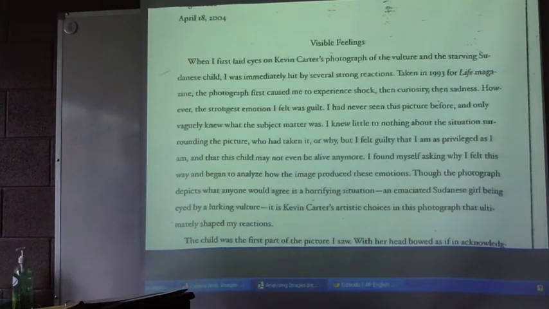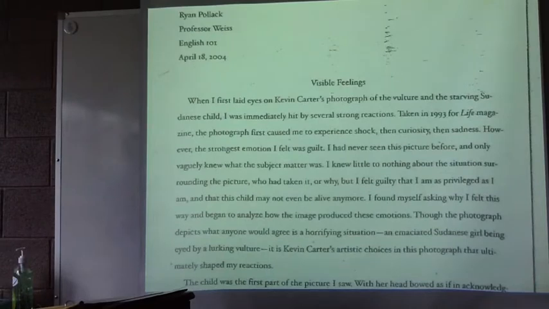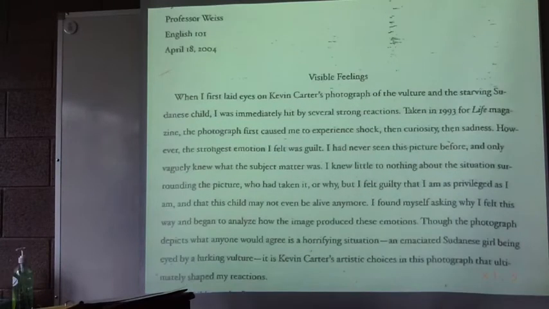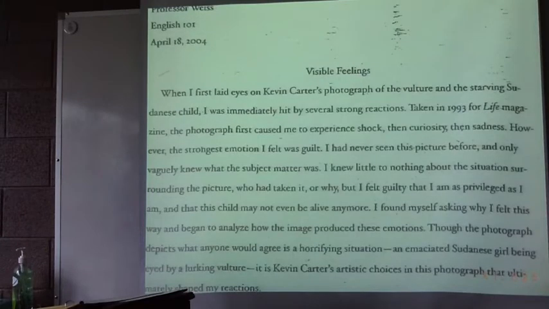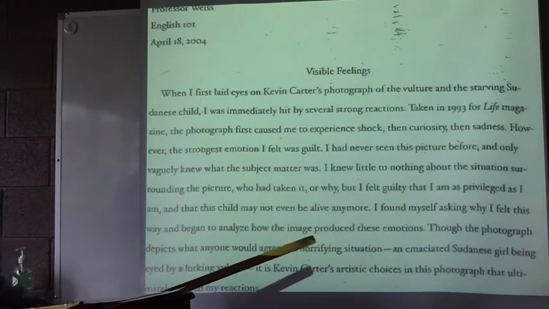So a certain student, Ryan Pollock, used the terms that we were just going over to analyze that photo, and I'm just going to read it to you. "When I first laid eyes on Kevin Carter's photograph of the vulture and the starving Sudanese child, I was immediately hit by several strong reactions. The photograph first caused me to experience shock, curiosity, sadness." Right?